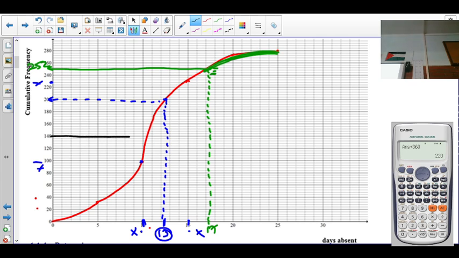So again I take my ruler, I take the reading and I go down here. Can you see that? So that is 10, 11, 12, 13, 14, 15.